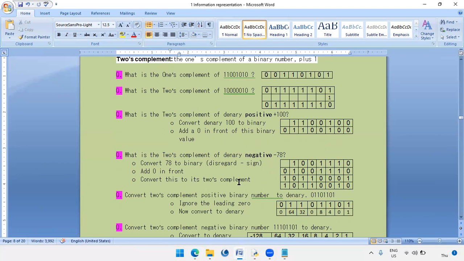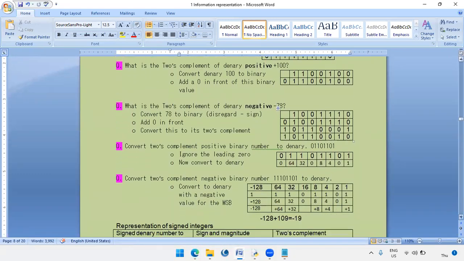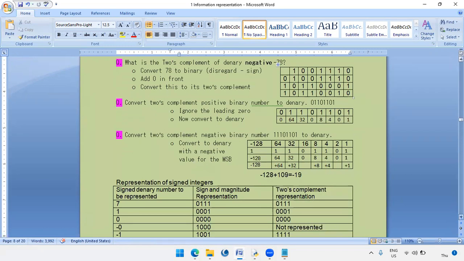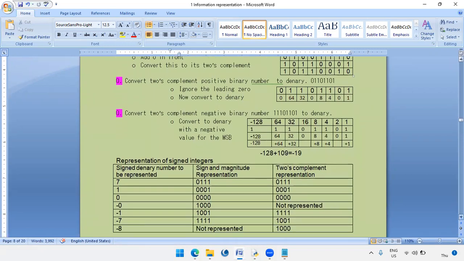Convert this to its two's complement. So this is the inversion. The whole thing gets inverted here. That is one's complement. Then you add 1. 1 plus 1 is 1, 0. 1 carried, that is here, 0, 0. Then no change on the rest. That is the answer for the two's complement of negative 78.